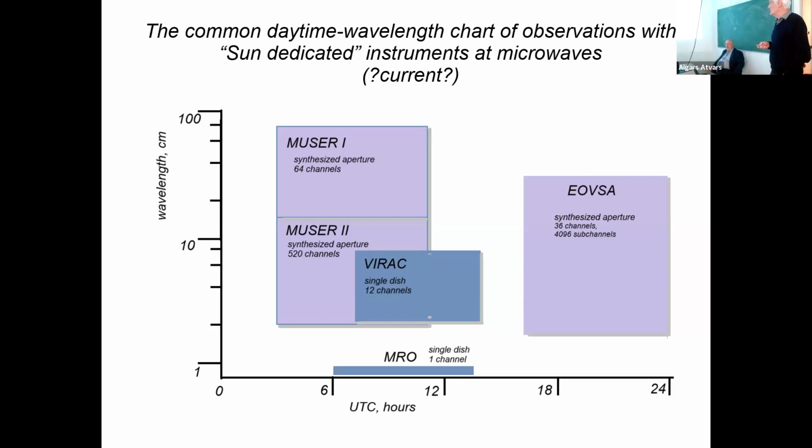And of course, solar observation in radio astronomy is made a lot, but it is made so occasionally, and now most of the sun-dedicated instruments, such as Nobeyama radioheliograph, are closed now. Some radio telescopes are not accessible, and so on.